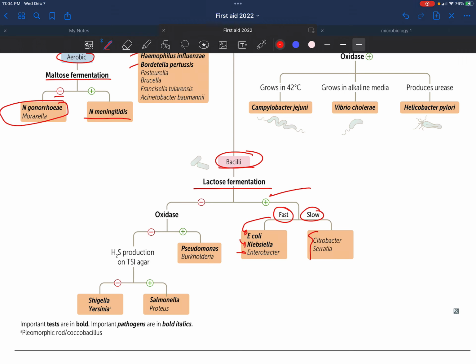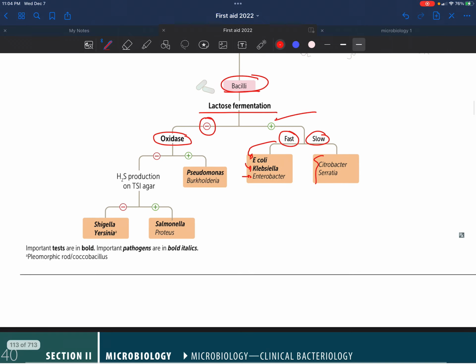For the lactose fermentation, if this bacillus is unable to ferment lactose, then we're going to check its oxidase, the oxidase enzyme. So it could be either positive or negative. If it's positive, which means it has an oxidase enzyme, then it should be Pseudomonas, or that other one that is Burkholderia.